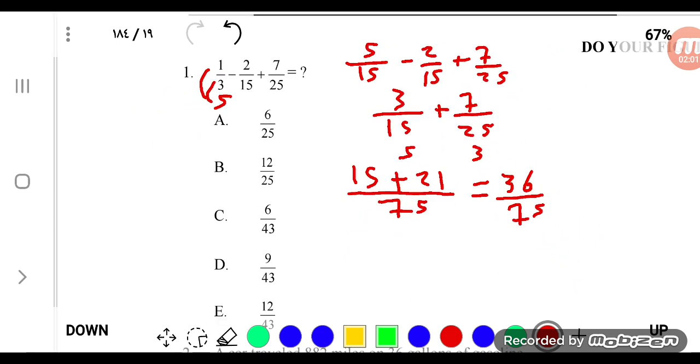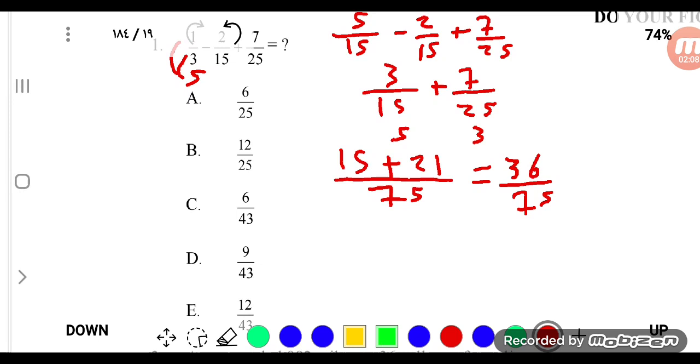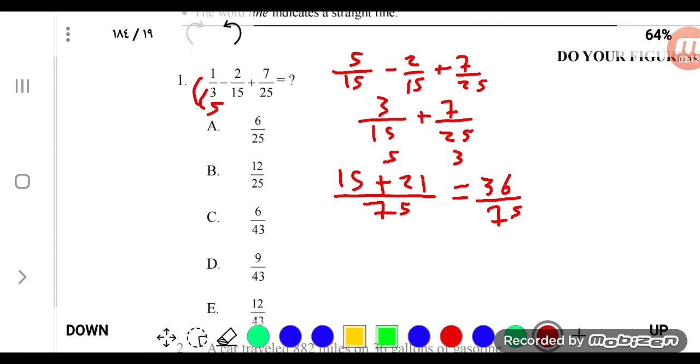Now, in the options we don't have 75 in the denominator, so you need to simplify the fraction. You divide both up and down by the same number.